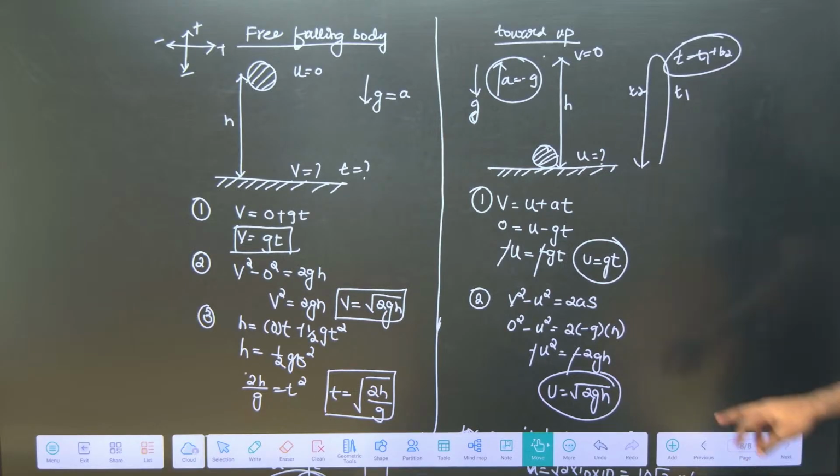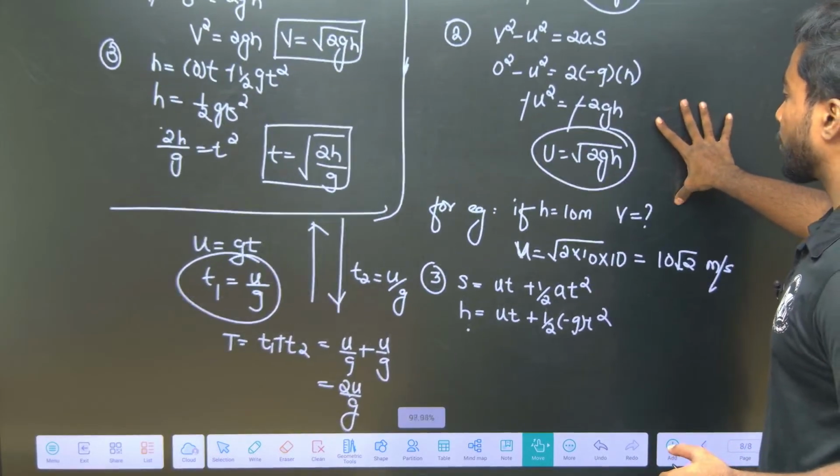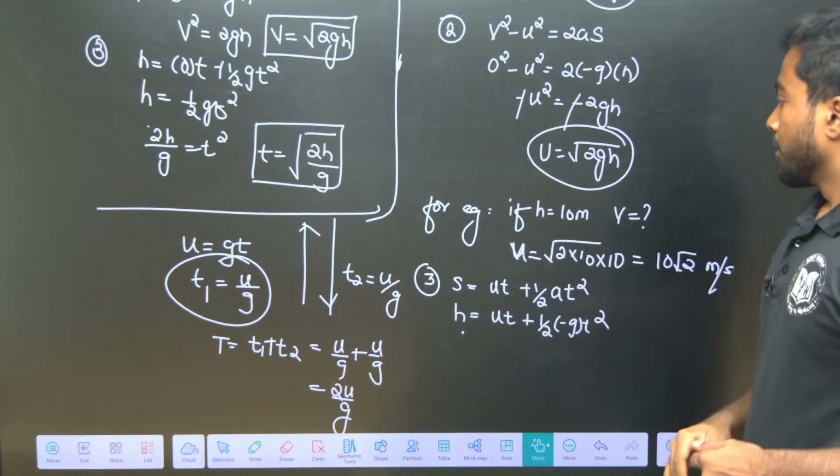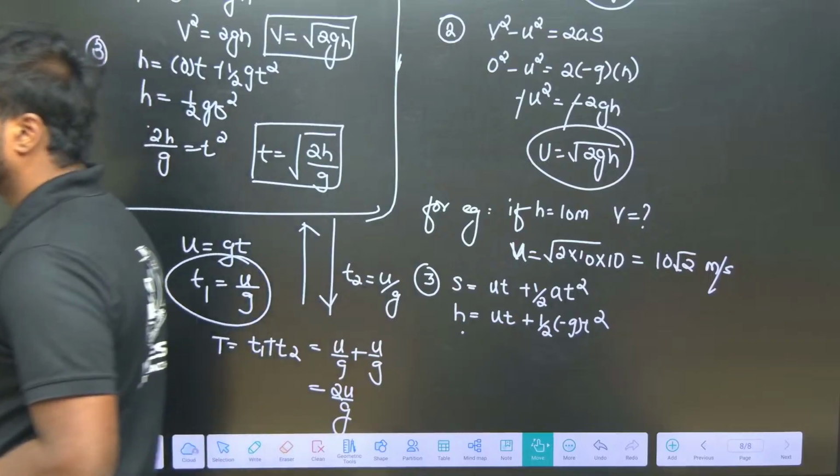Yeah, this is the last one. For example, if the height is given, we have also got what the velocity will be.